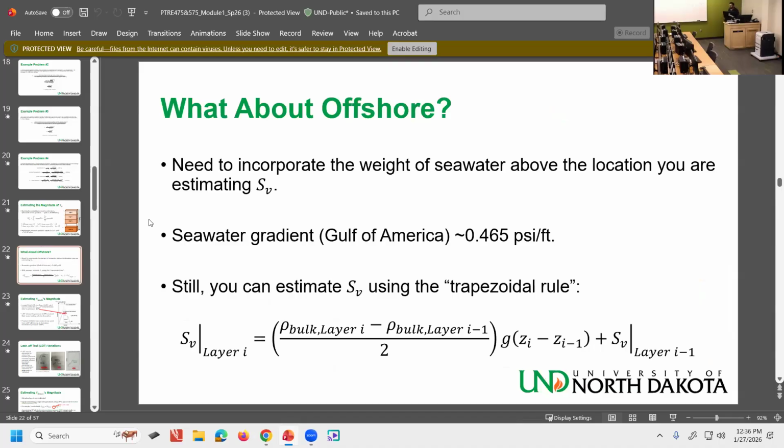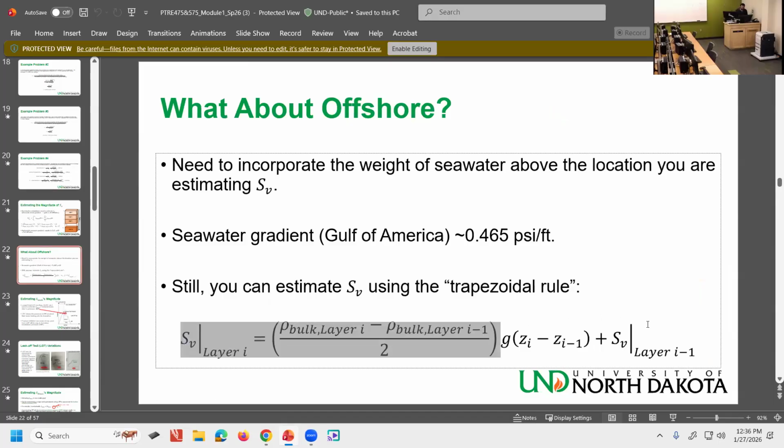When we talk about offshore, you need to account for the weight of the seawater above you. For the US Gulf, it's roughly 0.465. That's another way you can approximate that integral for the overburden if you want. It's the same as the one on the previous page. The only difference with this equation is that you have the depth of the layer at the middle of each layer, not at the beginning and the end, as we had in the previous slide.